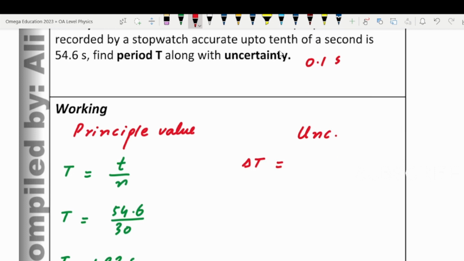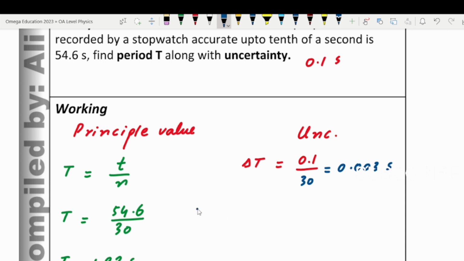So what was the least count? Up to a tenth part of a second. So the least count was 0.1 divided by the number of oscillations. We took 30 oscillations. We let it move around by 30 complete cycles. You hit it on the calculator, you get 0.003 seconds.